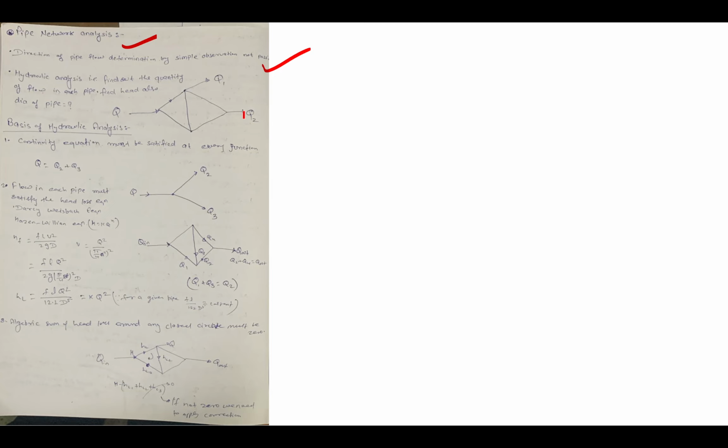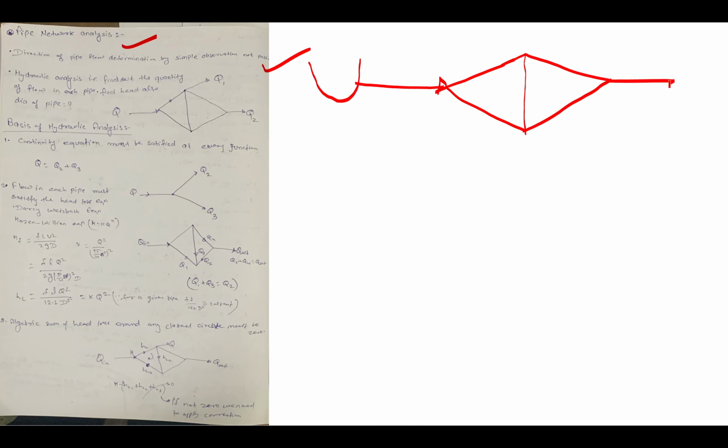Suppose a pipe network is one where water is coming from a source, say a reservoir. It will be divided into different regions by the pipe network. These are the nodal points or junction points.